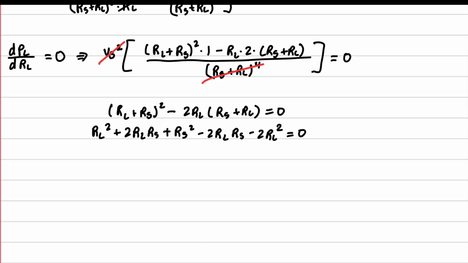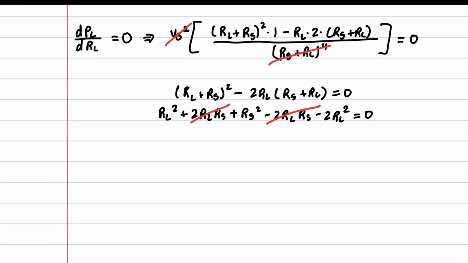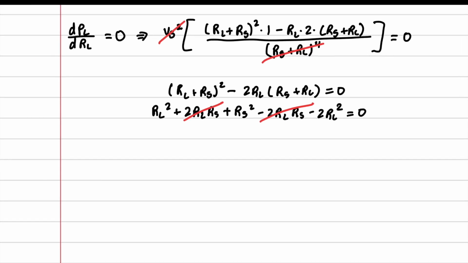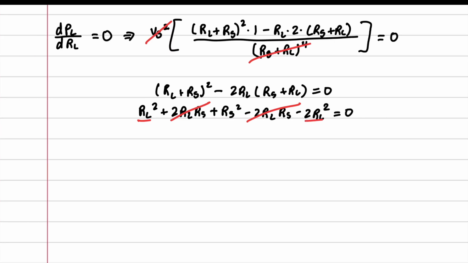Okay? Now here's the neat thing. We can cancel this out and cancel this out, and right here RL and RL subtract together, so we get RS squared minus RL squared equals 0, and we simply get RS is equal to RL.